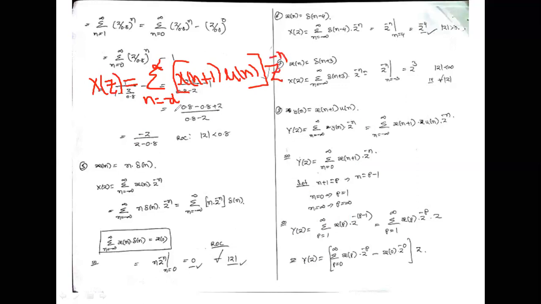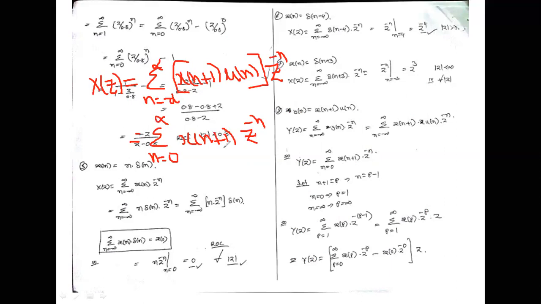What is u of n? The range changes from minus infinity to infinity into 0 to infinity, where u of n is 1, so the sum of x of n plus 1 times z power minus n.